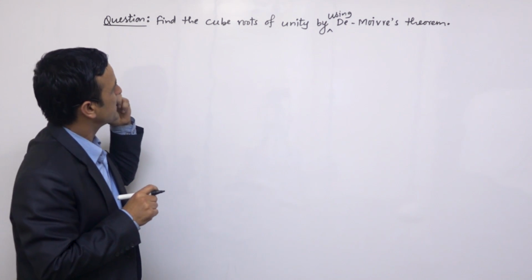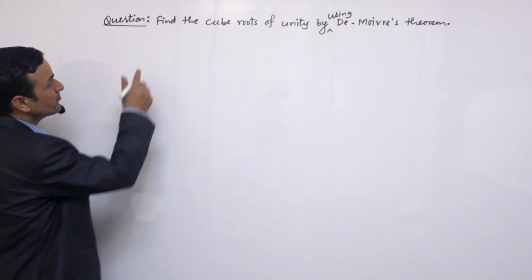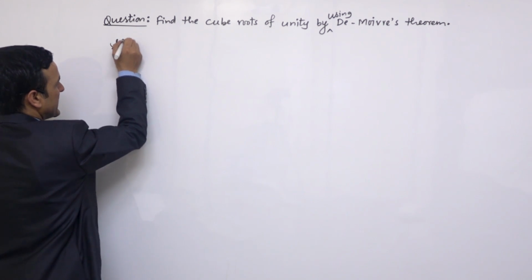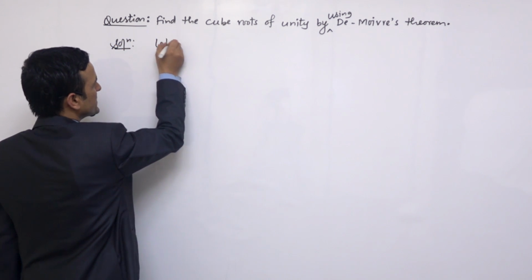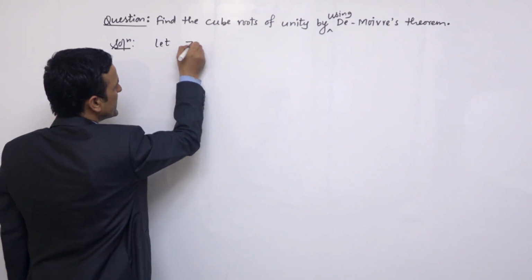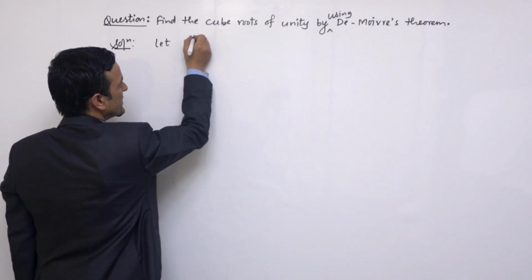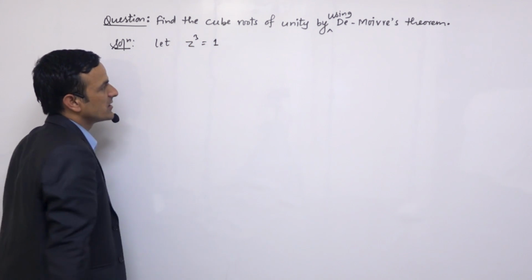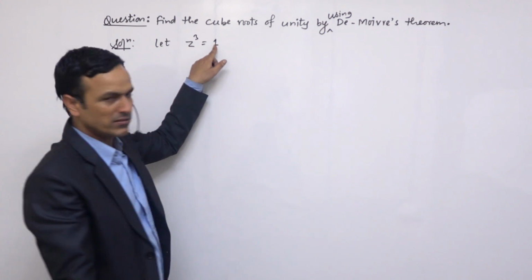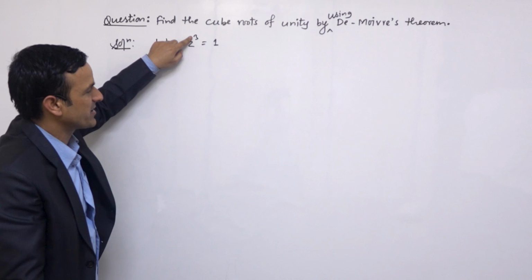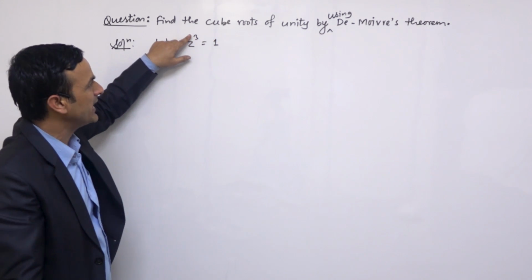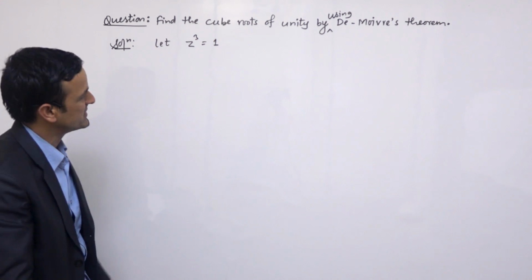So let's write de Moivre's theorem and its solution. Cube root of unity means let z cube is equal to 1. So unity means it is 1, unity को ठाउँमा 1 लेख्न सकिन्छ, र यसलाई क्यूब रुट गर्दाखेरि हामी यतापट्टि क्यूब लेख्न सक्छौं, यताको क्यूब रुट हटाउँदा यसलाई पावर 3 लेख्न सकिन्छ.